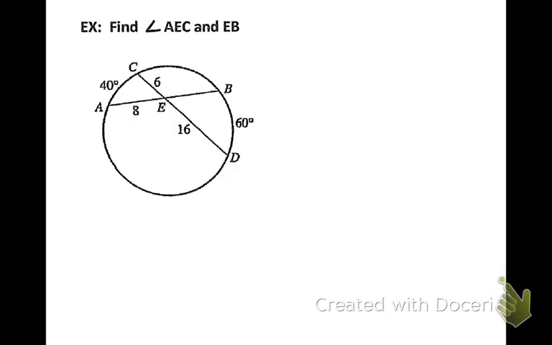So this one has two parts to it. We have to find the angle AEC, and then we have to find the missing length EB. Let's find AEC first. How do I find AEC? Somebody besides Shatiz and Adhicha. Somebody different. Lexi. You add 40 and 60.